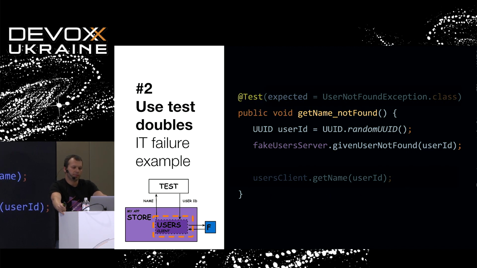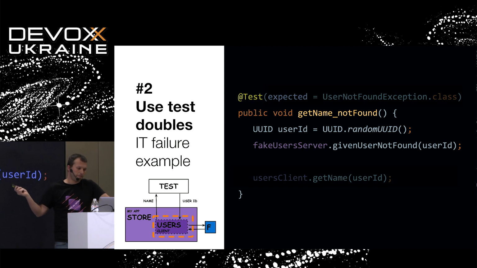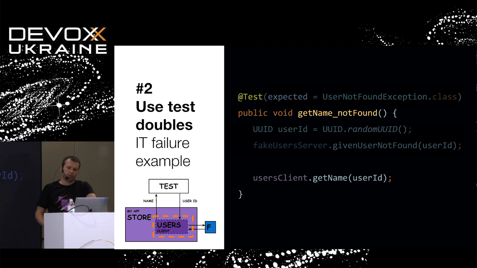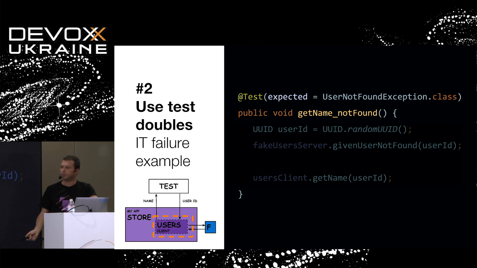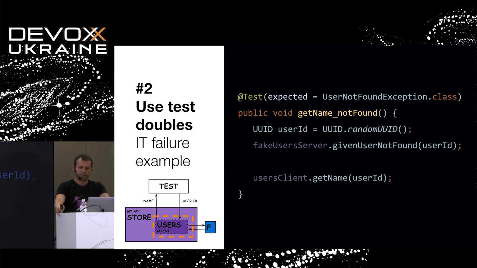For example, the user does not exist. So we set up in a similar way. We say given user not found, and we make a call, and we are asserting that we are getting a user not found exception from our class.